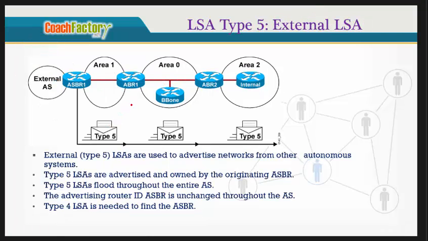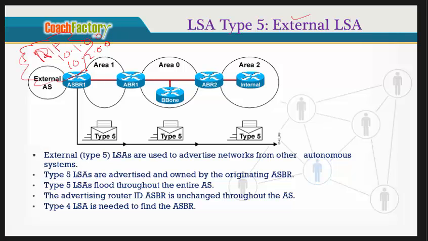LSA type 5 is known as the external LSA. External LSA will be advertised by the ASBR only. The ASBR is the router which connects with the external network, and this external network, for example, is running RIP and has a few networks, 10.1.0.0, 10.2.0.0.